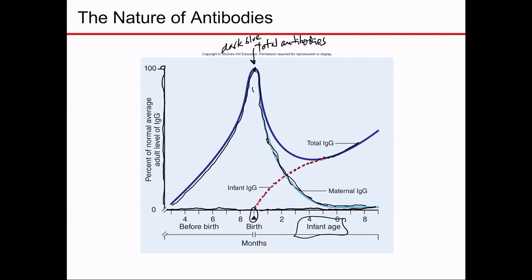And at some point, those antibodies produced by his or her own immune system will be the ones responsible for protecting them. But before birth and early on during birth, that infant that doesn't have a mature immune system will rely on these antibodies that are passively passed from the mother to the newborn.